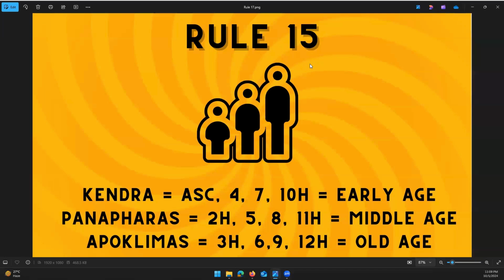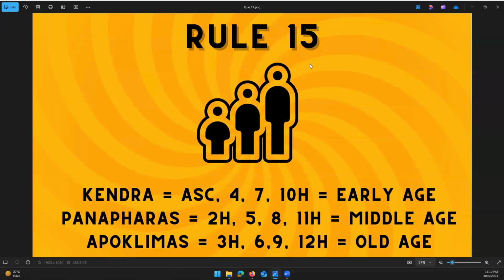If you sum up the points of the Kendra houses, you will be able to see the status of the native in the early ages. If you sum up the points in the Panapara houses, that will tell you the situation of the native during the middle ages.